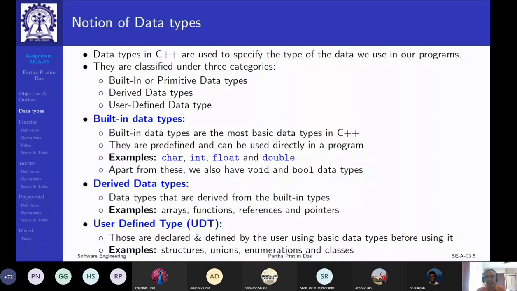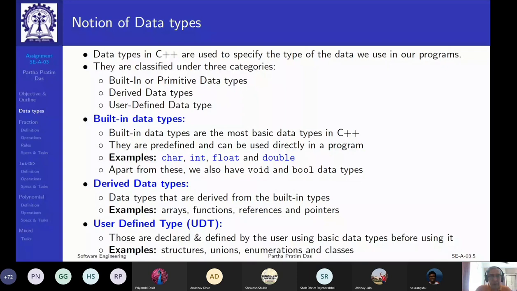You can have array of integer, array of float, and so on. Functions. Function is a data type which takes 0 or more parameters of certain given types and returns a result of certain type or returns nothing, void. Then you have pointers, and in C++ you have references.